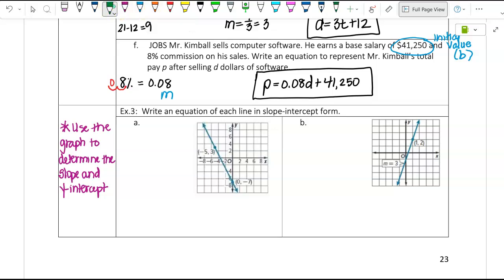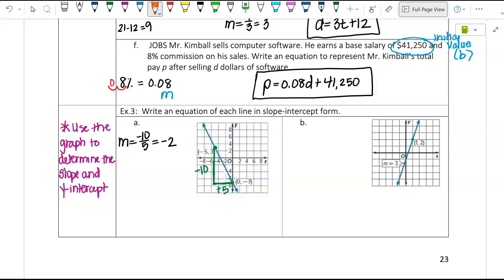So for the slope, they give me one point at -5, 3, another point at 0, -7. So I'm going to find out how many do I have to go down and how many do I have to go over. So I go down 10 and to the right 5. So that means my slope is -10 divided by 5, which is -2.